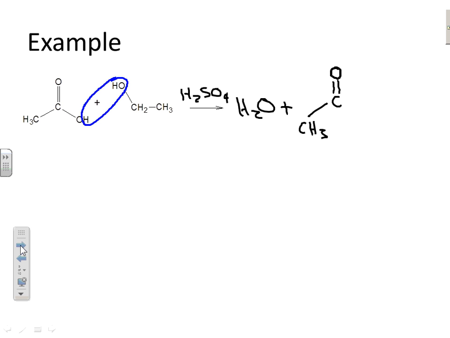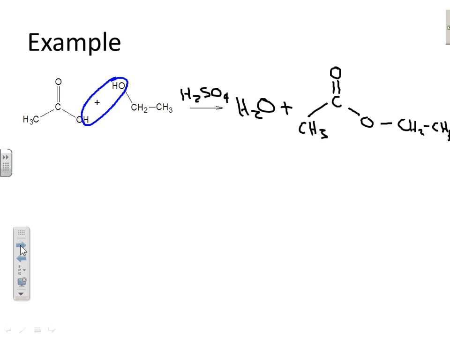C double bond O. Working my way this way, O. This H and this OH have been removed, so the next connection is carbon. Doesn't matter whether you go up or down, I really don't care. CH2 and the end CH3. Okay?